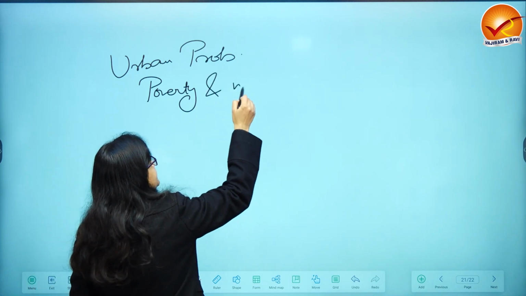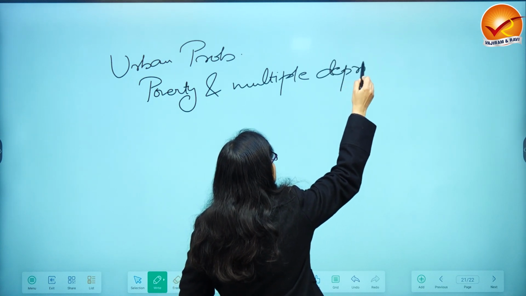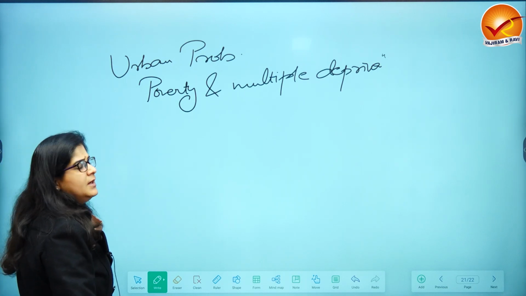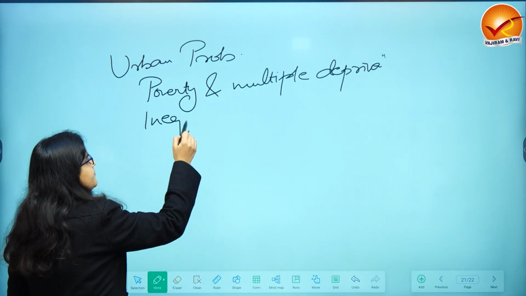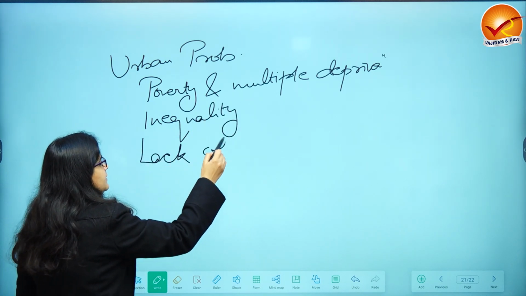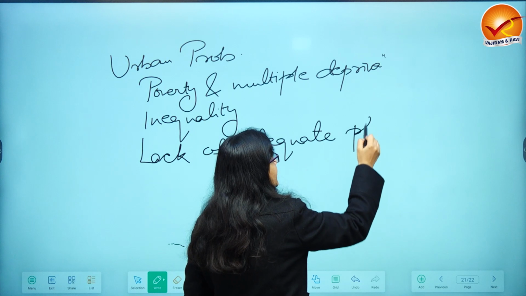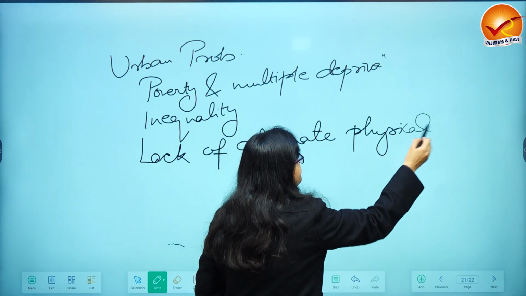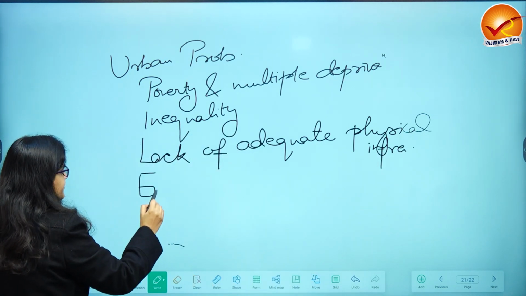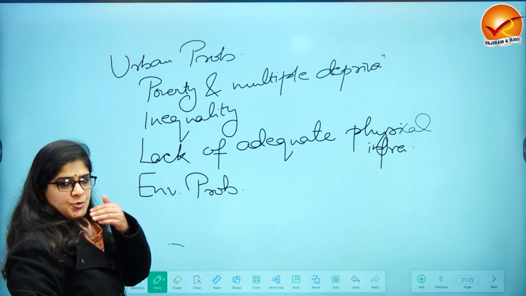Multiple deprivations, lack of housing, food insecurity, lack of education opportunities, multiple deprivations, inequality, lack of adequate physical infra, environmental problems like pollution, air pollution, water pollution, solid waste management issues.